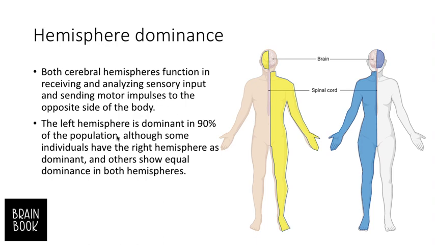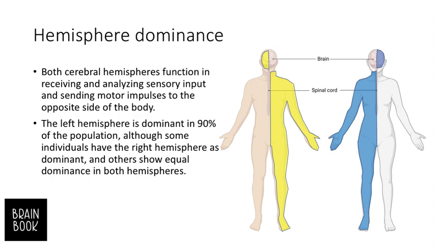And that is the reason that the majority of people are right-handed. For example, they write with their right hand, or maybe they do all their work better with their right hand. For the rest, the 10%, in some people the right hemisphere is dominant.